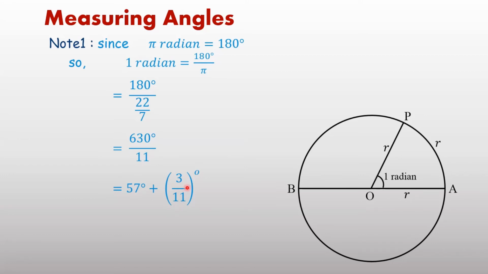3 upon 11 we further have to convert into minutes and seconds. So 57 plus 3 upon 11 into 60 minutes, because 3 upon 11 degree means 3 upon 11 times of 1 degree, and the value of 1 degree you can convert to 60 minutes. 3 upon 11 into 60 means 180 upon 11.